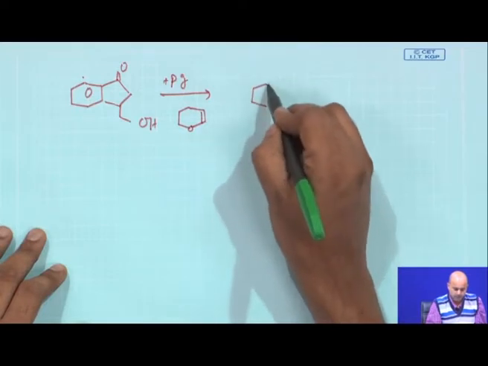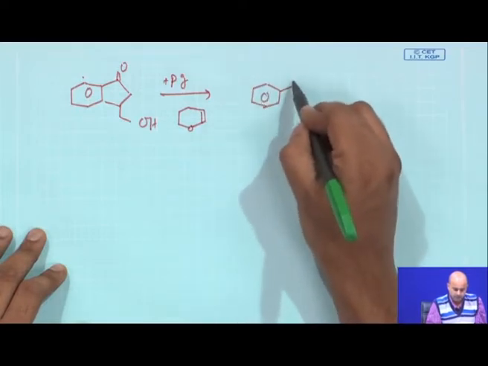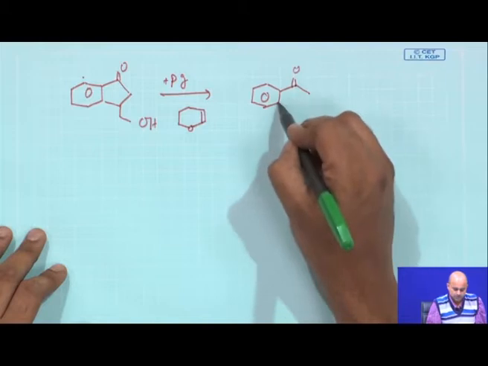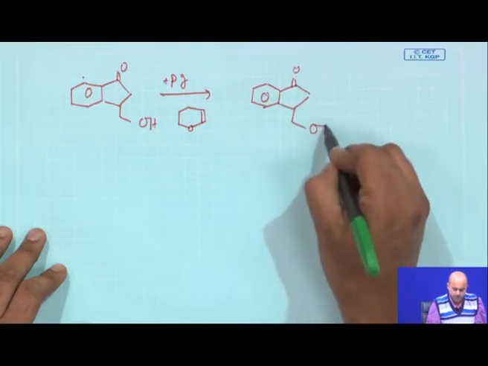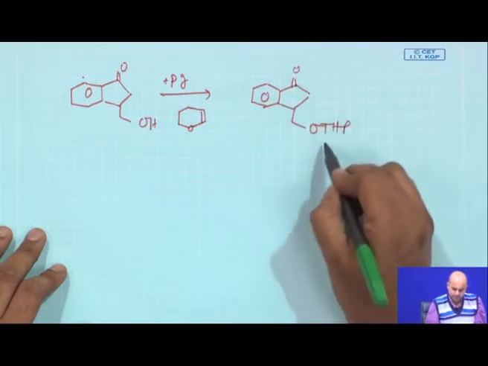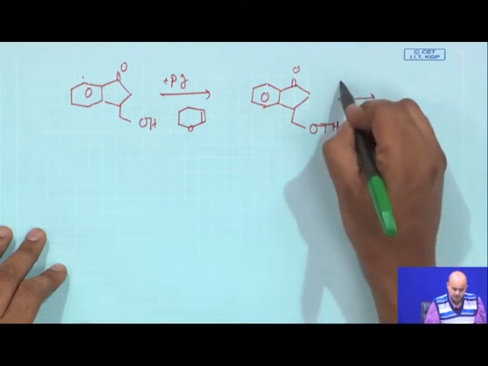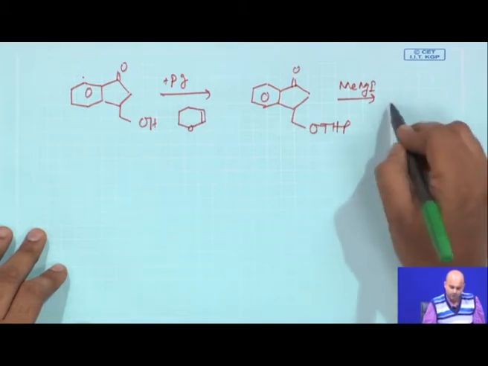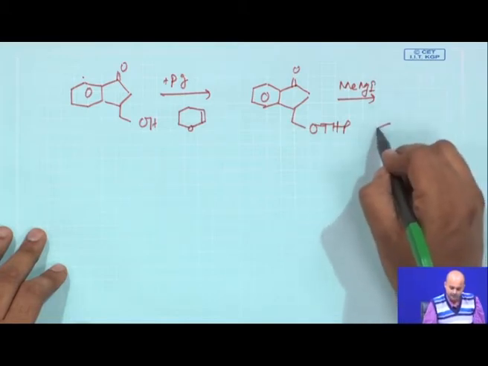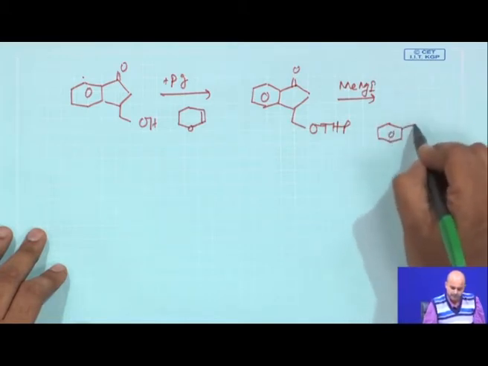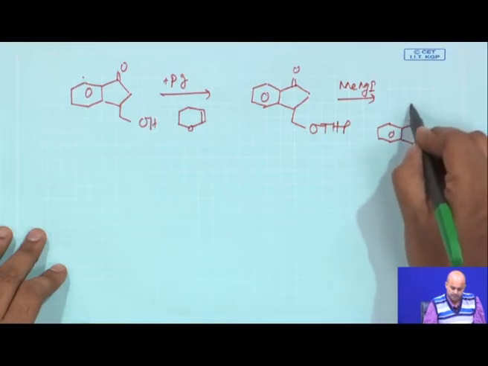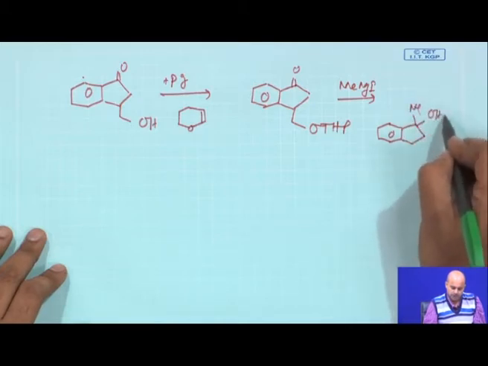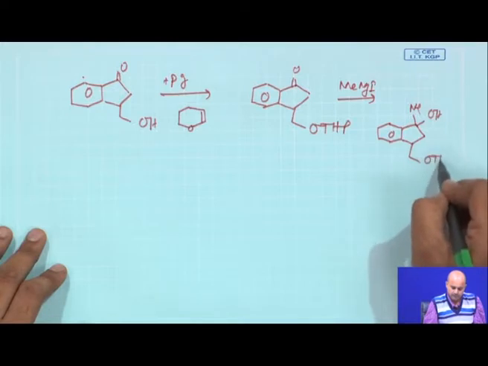So dihydropyran was used, and the primary alcohol was protected as an OTHP. Our next reaction, which we explained earlier, should be a methyl group addition. One carbon needs to be added, and then basically you will get a tertiary alcohol with this part remaining similar.